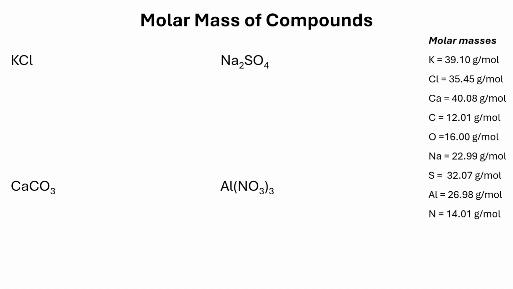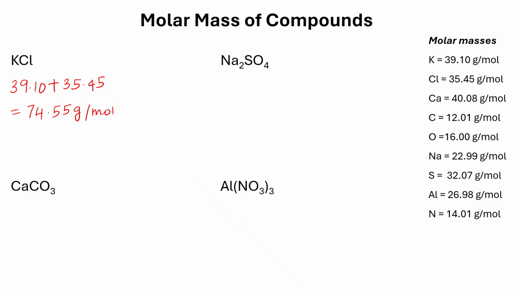So potassium has a mass of 39.10 grams per mole, and chlorine has 35.45. So the molar mass of potassium chloride is 74.55 grams per mole. That means if you take 1 mole of potassium chloride, the mass is 74.55 grams.